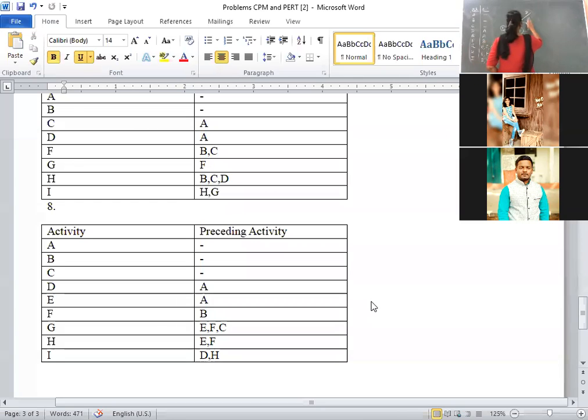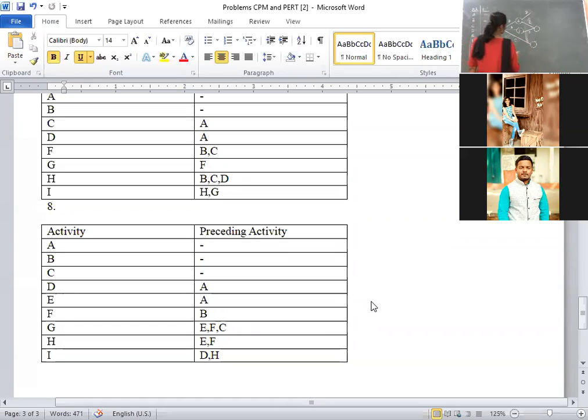Here, how to draw this? Here, E and F are there. This is E, this is F, and this is C. You have to complete C. Then here you will get a dummy, right?